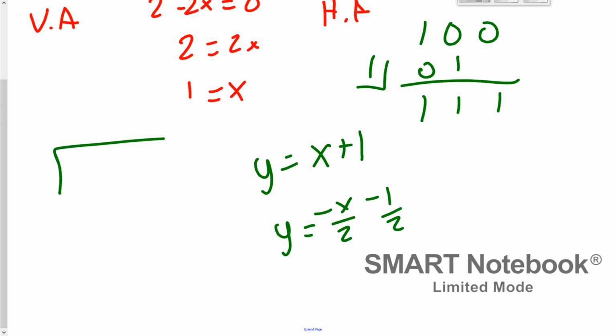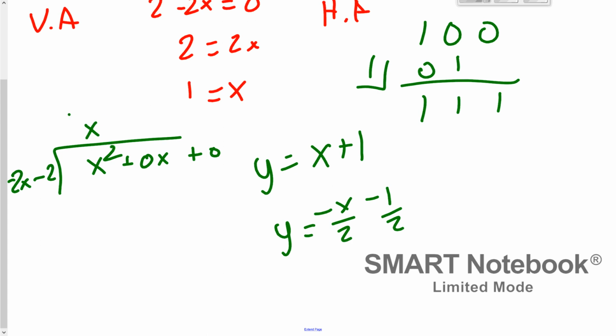Or you can do long division, which would be negative 2x plus 2 if you write it in standard form, and then x squared goes in here, so then you have a 0x, and then you have a constant 0. And you multiply, what do I have to multiply negative 2x by to get to an x squared?